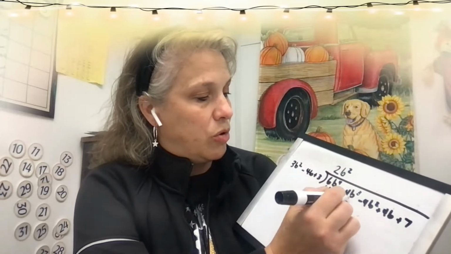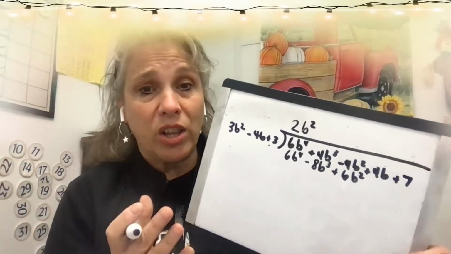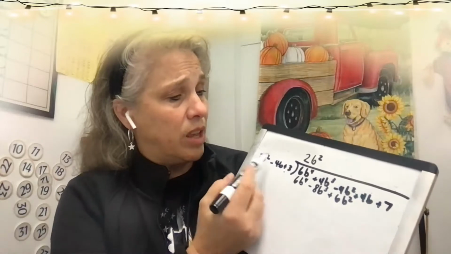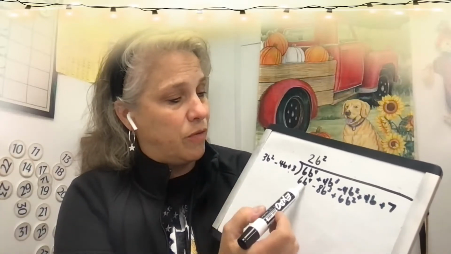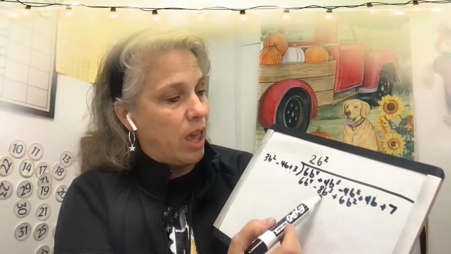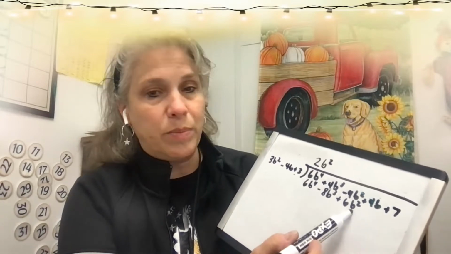So that's going to be 6b to the fourth minus 8b cubed plus 3 times 2, which is 6b squared. Now you just do it regular without changing any signs. So check it, 6b to the fourth minus 8b cubed plus 6b squared.